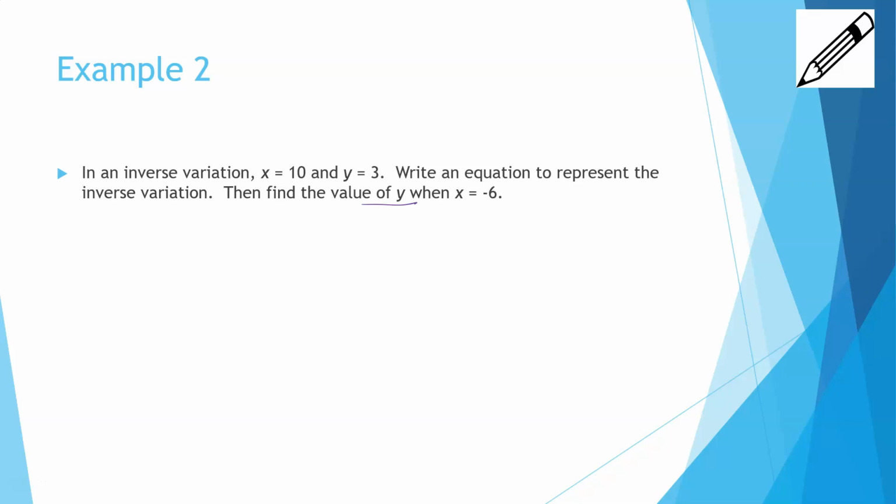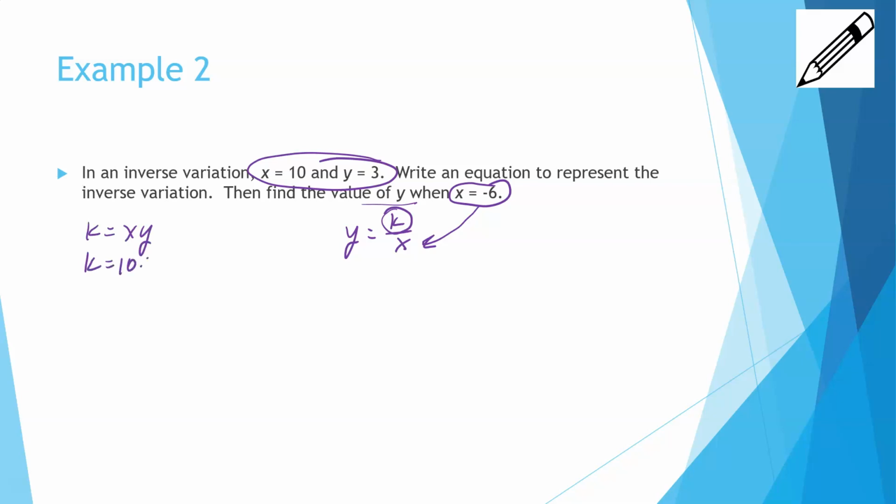Again, what we just looked at is that ultimately we're going to be using y equals k over x. And now again, because we know x is negative 6, we're going to plug that in. The problem is we can't do that until we know what k is. Okay, so once we know what k is, then we can solve this question. Well, if they give me an x and a y, we know that k is just that x times y.